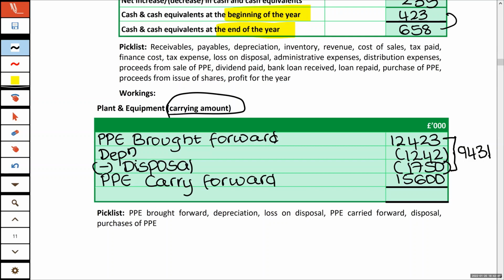But my account says at the year end, I have 15,600. How come it has increased? What do you think is the missing figure?